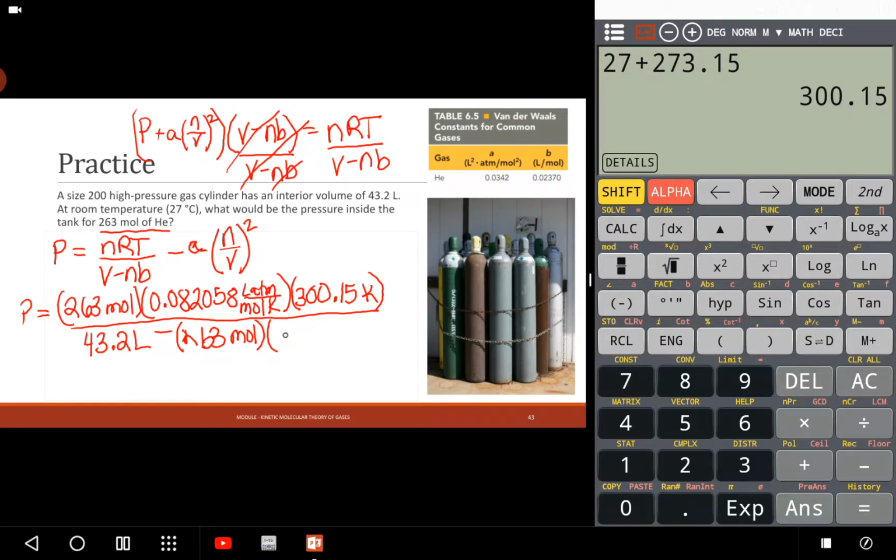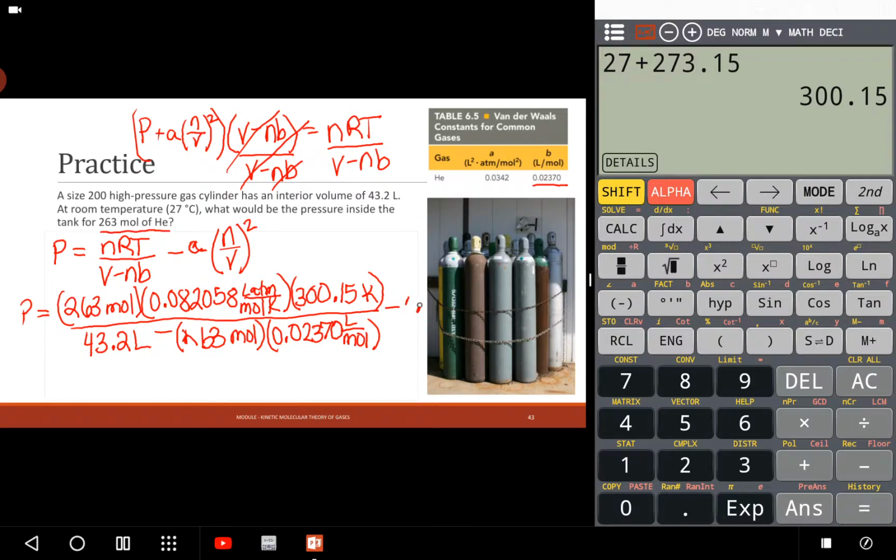And my B is given up here. That is 0.02370. That's liters per mole. And then we got to subtract out this A times N over V term.